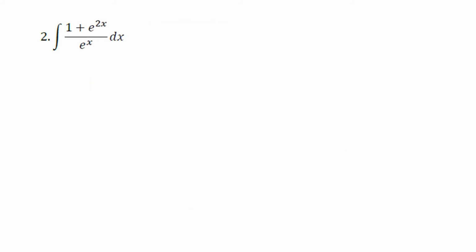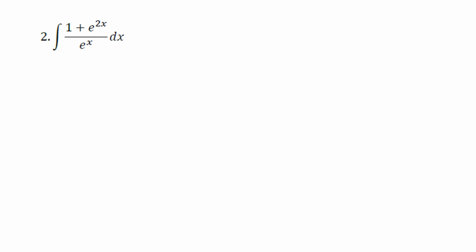Let's have a second example. The integral of 1 plus e raised to 2x all over e raised to x times dx. If you notice here, the integrand is an improper fraction. Why? Because the degree of the numerator is 2x and the degree of the denominator is x.